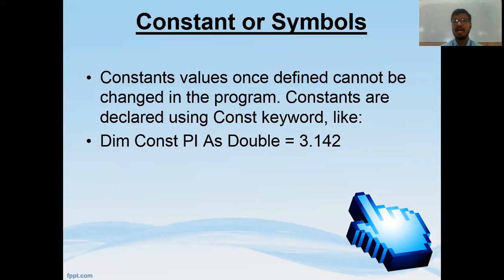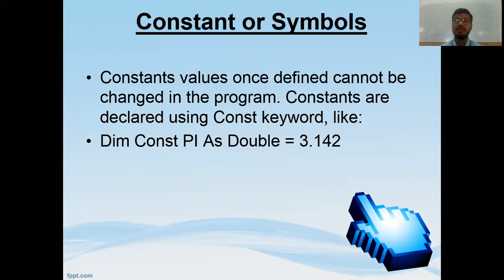So constants and symbols. Constant values, once defined, cannot be changed in the program. Constants are declared using the Const keyword. It is similar to what we would have learned in C, C++, and Java. An example is the pi value, which cannot be changed, like 3.142.